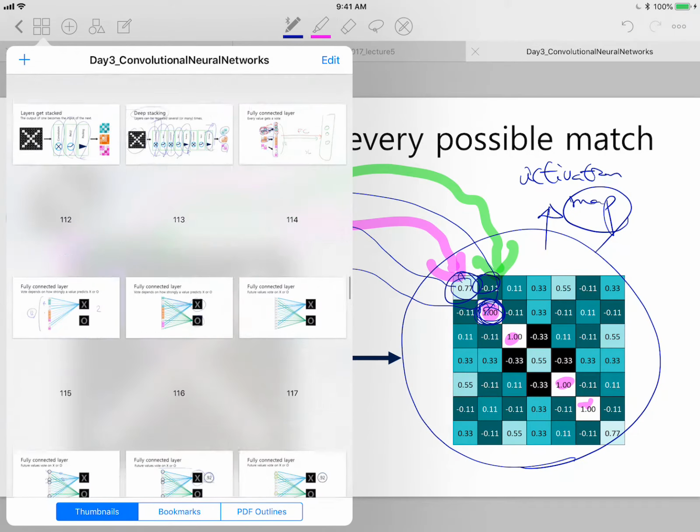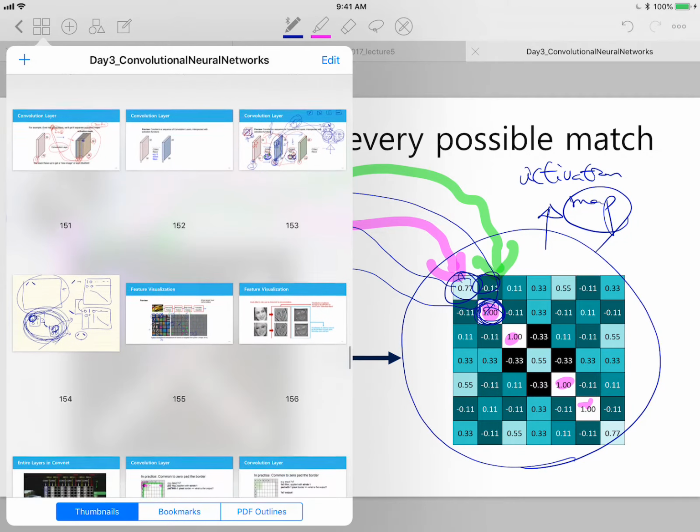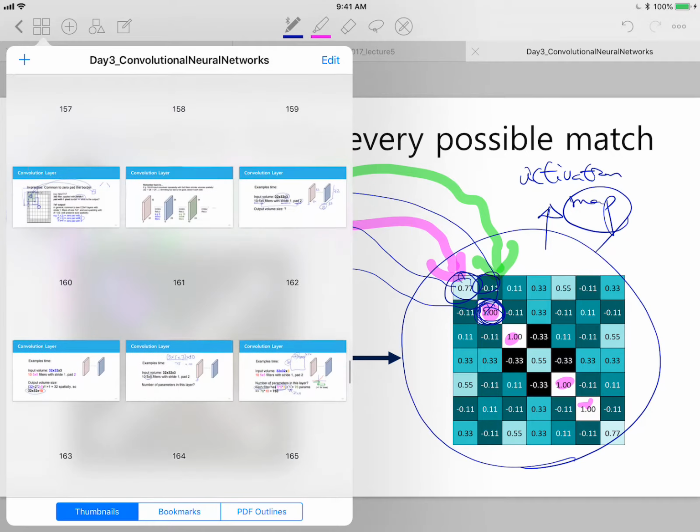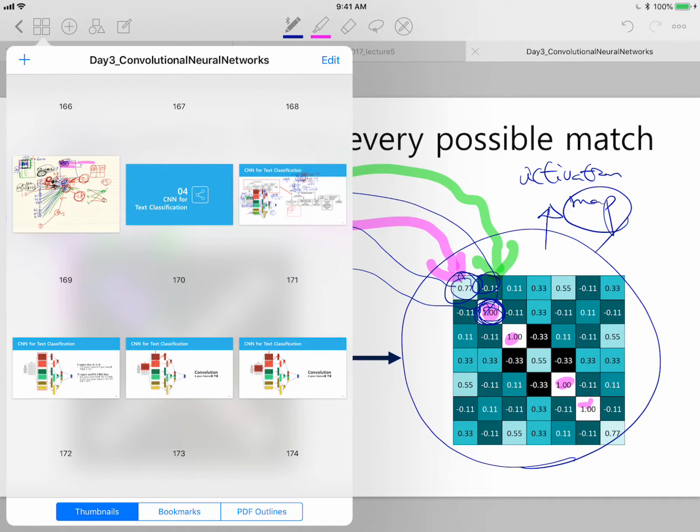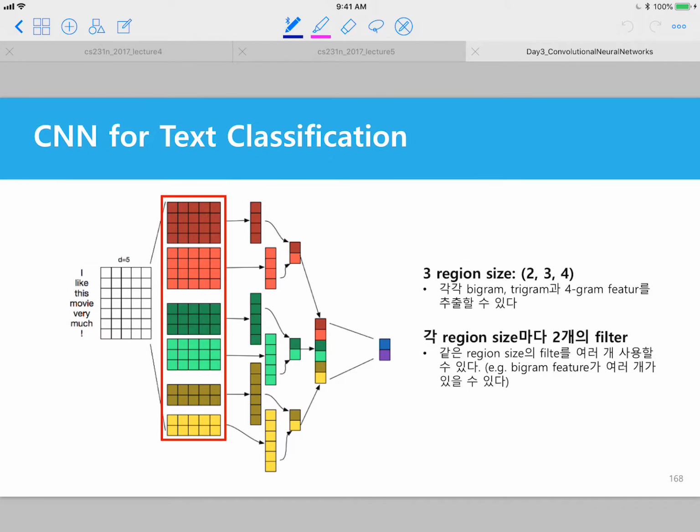Let me see if I can explain it quite quickly. This is one really famous example where the convolutional neural net was applied to text classification.